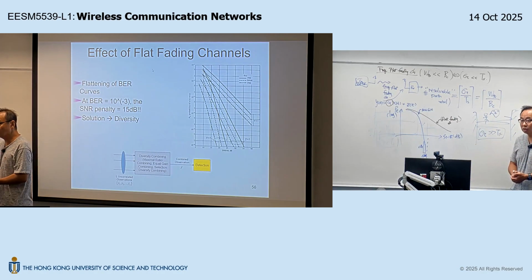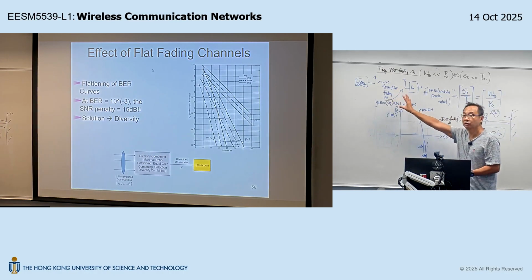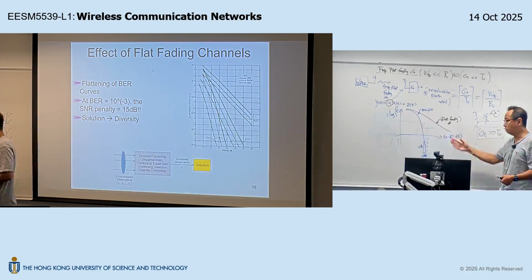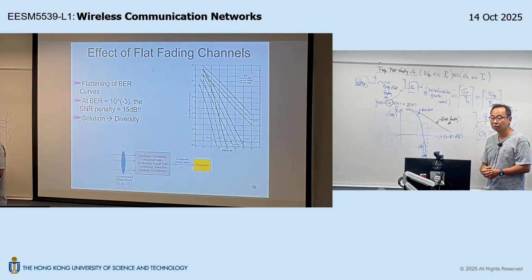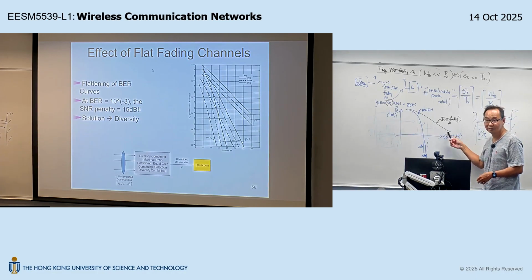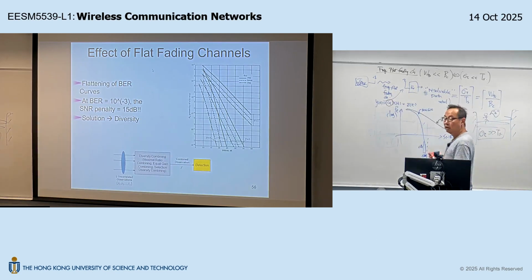That means if you do not do anything about this, the impact of operating in frequency flat fading channel is that your error probability curve drops slowly with increase in signal to noise ratio. So is this good or bad? Of course it's bad, right? Because let's say a certain application will demand a certain target error probability. For example, voice application will demand a target error probability of 1%.